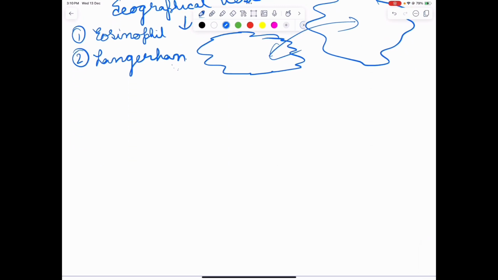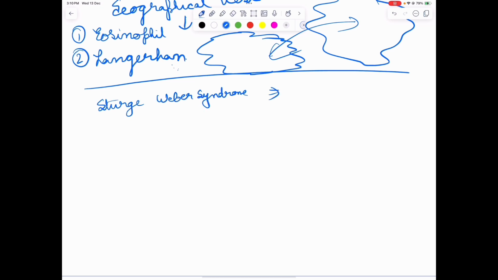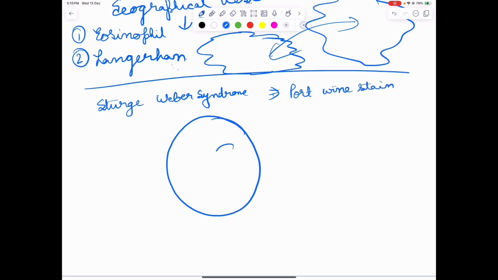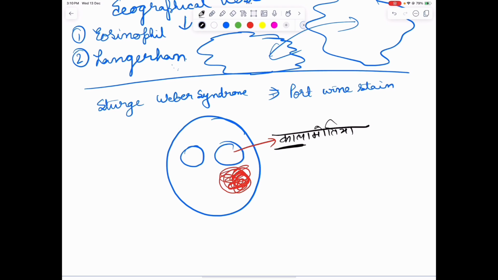But there is one additional piece of information regarding Sturge-Weber syndrome. Now what happens in Sturge-Weber syndrome? There is port wine stain. Now when there is port wine stain, something in the eye, what is that? It is kala motia. Everything here is related to color. Kala, port wine stain.